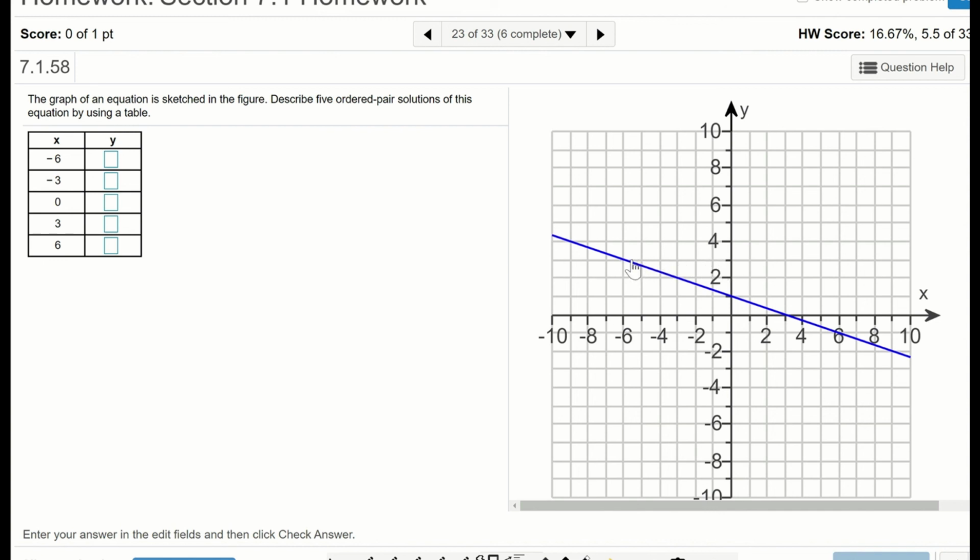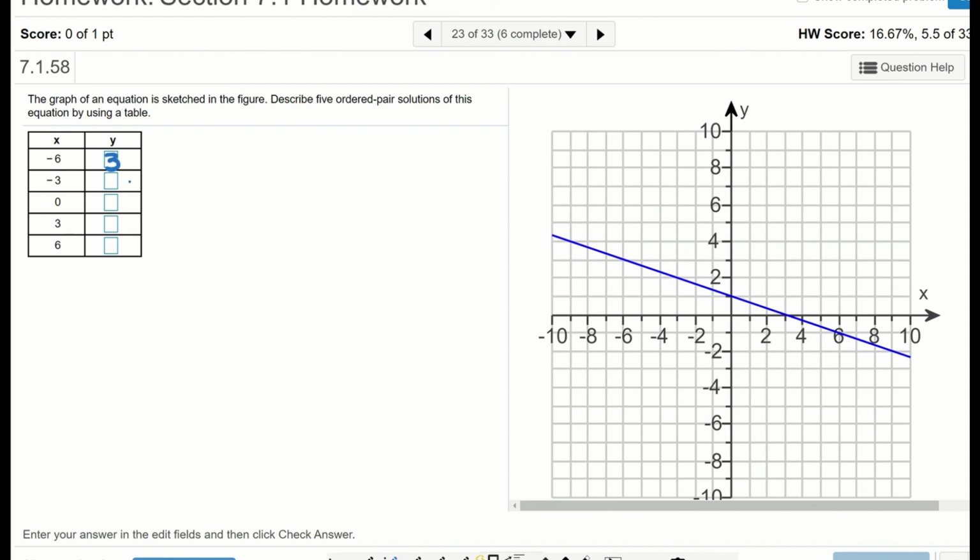From there, we make a perpendicular to the y-axis. So remember, from here, go straight up till you hit the line, then drop a perpendicular to the y-axis, and you will see the point. So that would be like 3. So for the y value, you would use 3.